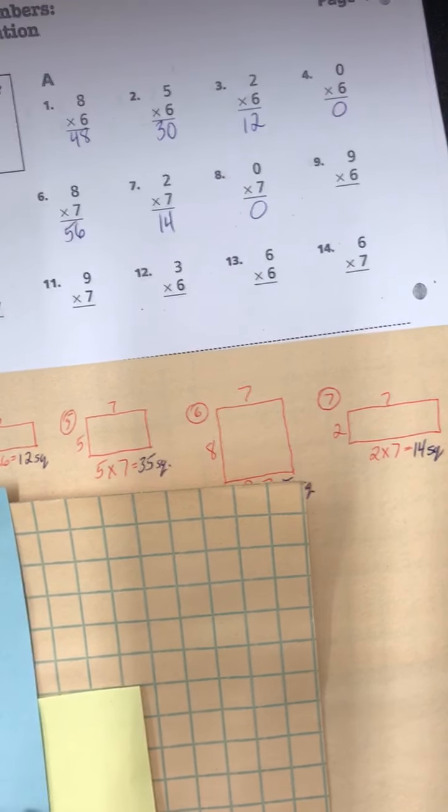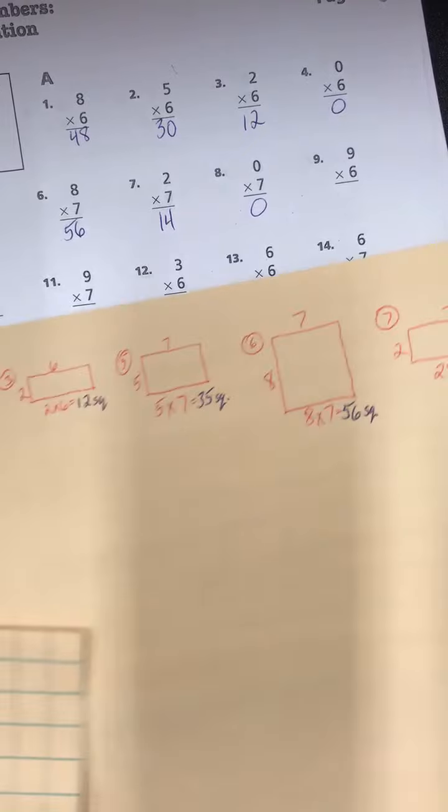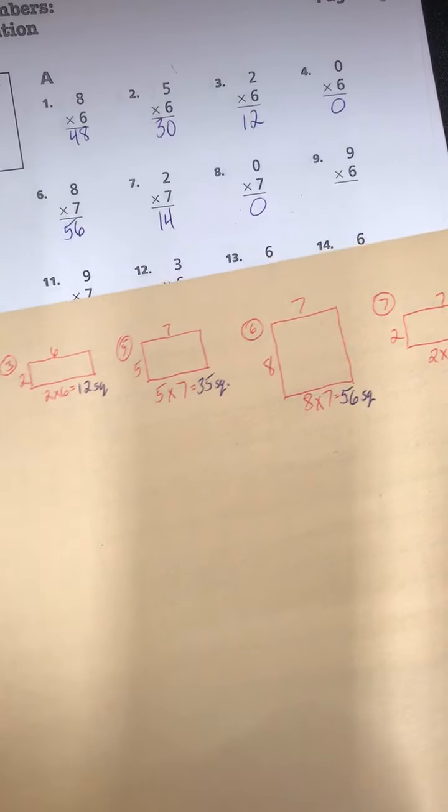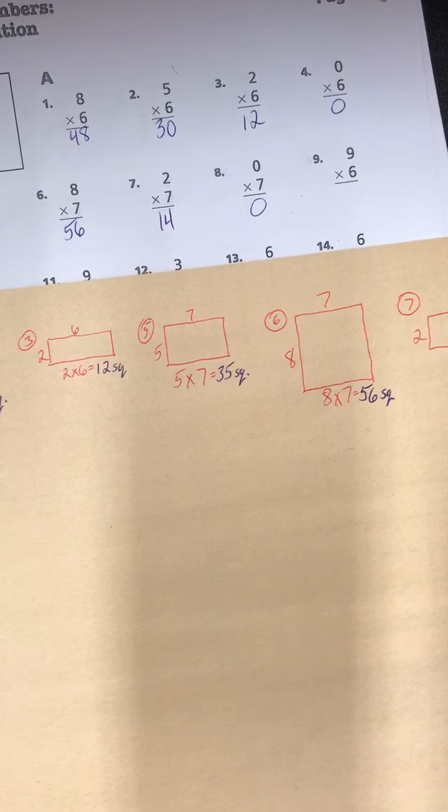9 times 6. Okay, I want you guys to go ahead. I want you to try some on your own. So put a number 9 on your paper. Draw your rectangle.